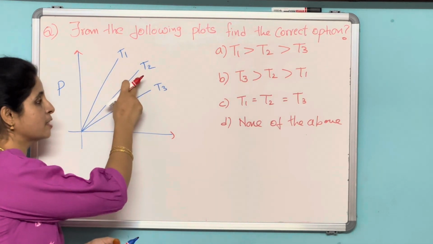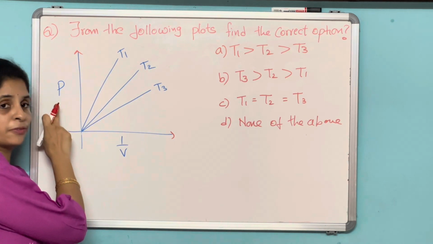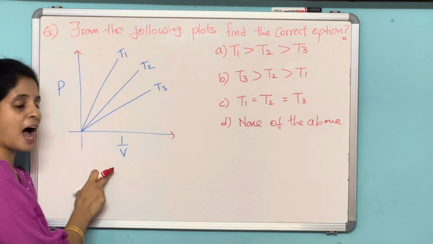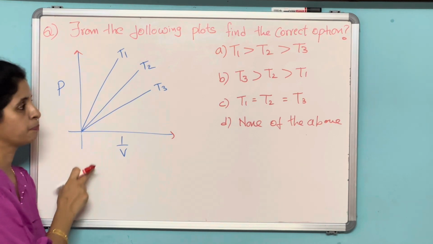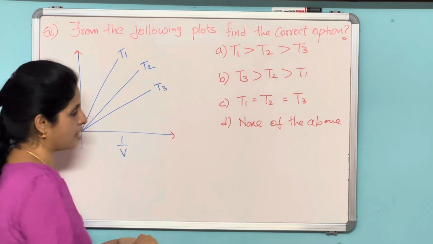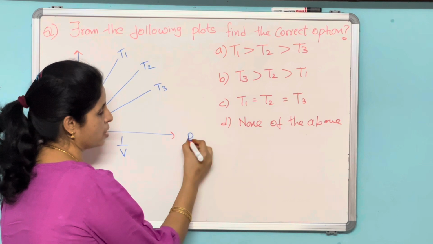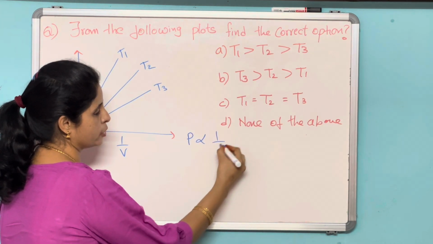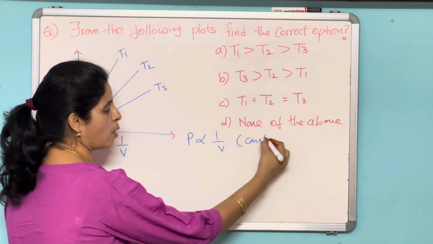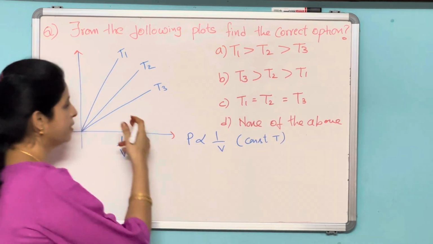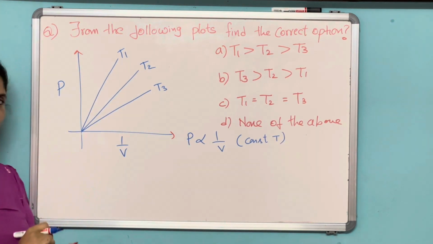At a constant temperature, with pressure and volume variable for a given amount of gas, it is Boyle's law. Pressure is inversely proportional to volume at a constant temperature for a given amount of gas. So this is the plot from Boyle's law.